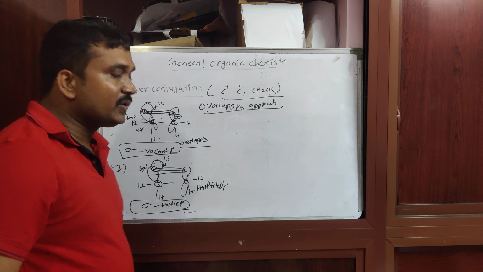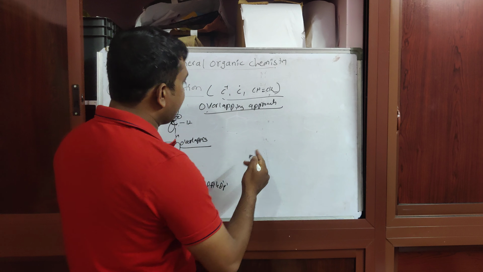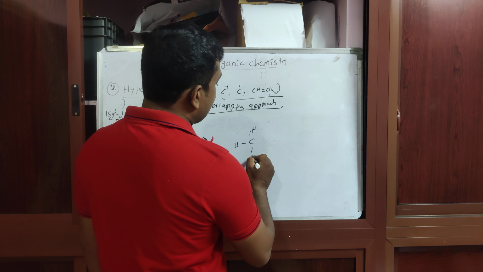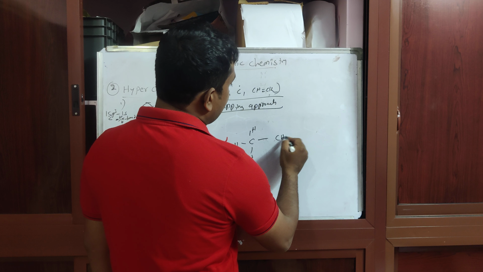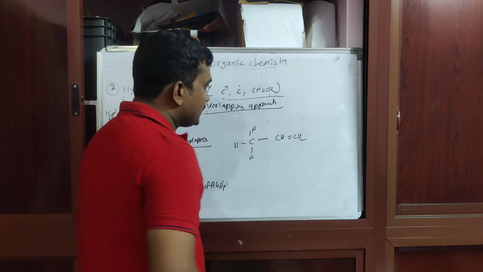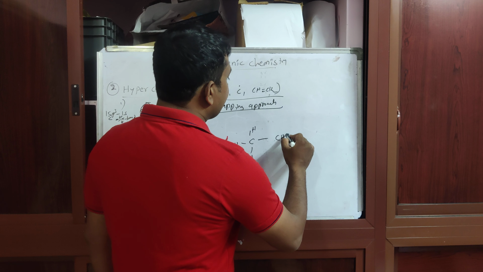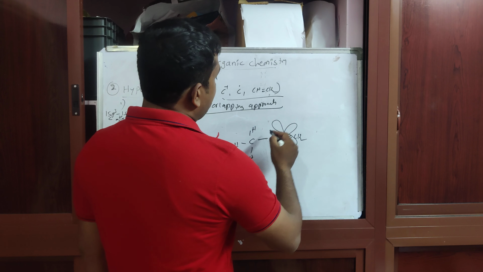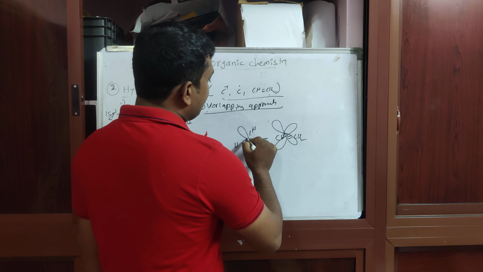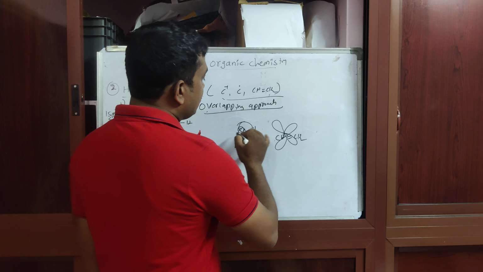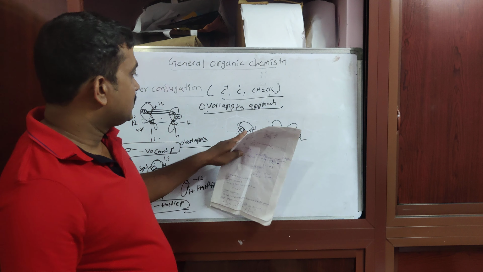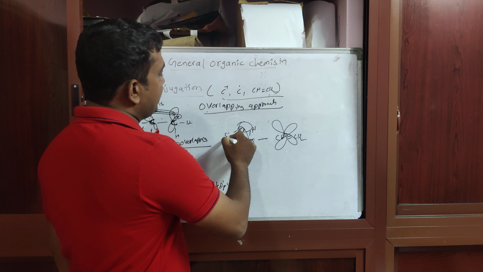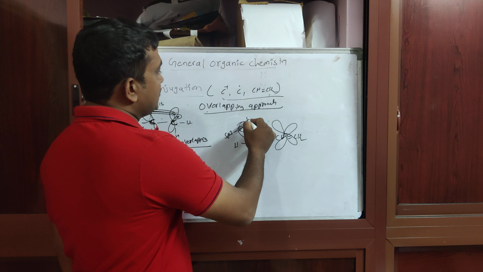If you take the case of alkene, how will it happen? This is in case of alkene. This is sp3 hybridized. This is the s orbital.